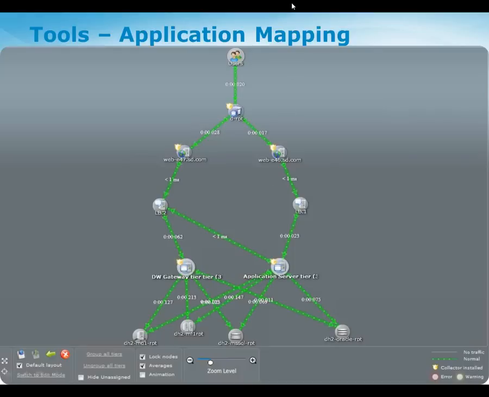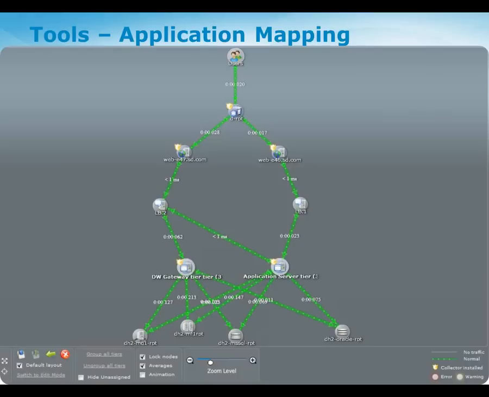And specifically for this application, what we can see is that it is being supported by a proxy, 2 web servers, a load balancer, 2 sets of application clusters, and some endpoints such as databases, mainframe, and queues.